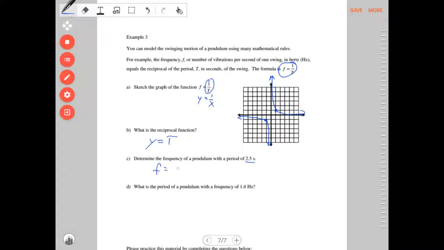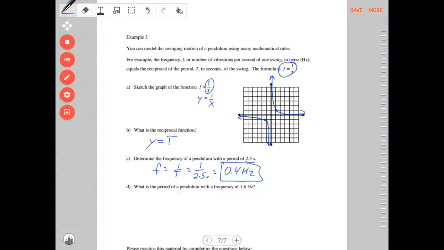So frequency is 1 over period, which is 1 over 2.5. Well, we just type that in. So 1 divided by 2.5. Hey, that's 0.4, and the units on frequency are hertz, Hz. Okay, so that's the answer for that one.